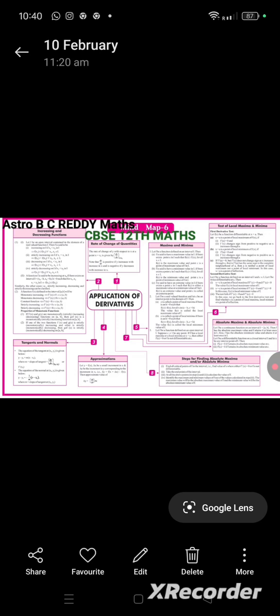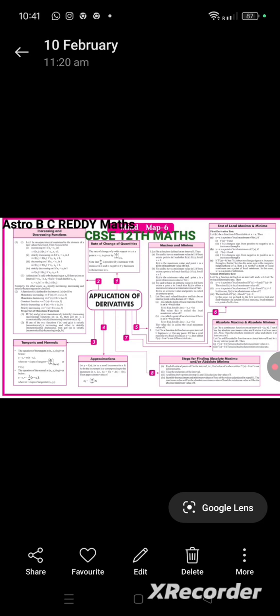Now, what are the properties of monotonic functions? If f of x and g of x are monotonically, strictly increasing, decreasing functions on a, b, then g of f of x is a monotonically, strictly increasing function on a, b.